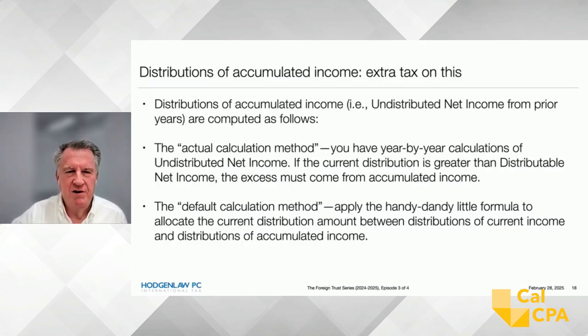Now, implications of this. The distribution out of DNI will be taxed with the same character as always, ordinary income, straight pass-through, like a K-1. The implications for the accumulated distribution, the distribution of accumulated income, I should say, to be precise: it's coming out of undistributed net income for prior years until you use all of that up, and then it's coming out of principal, which is normal.